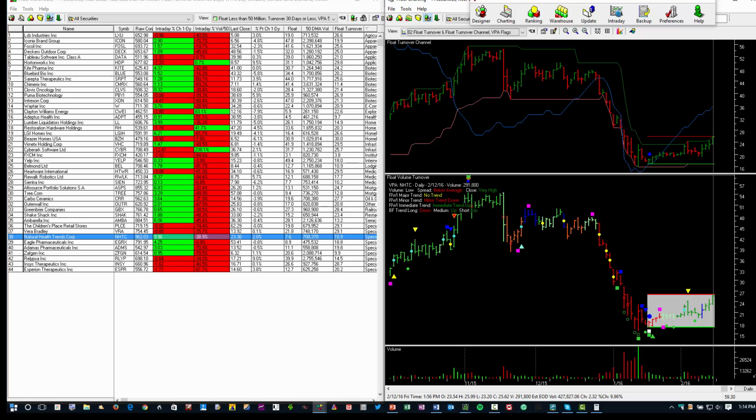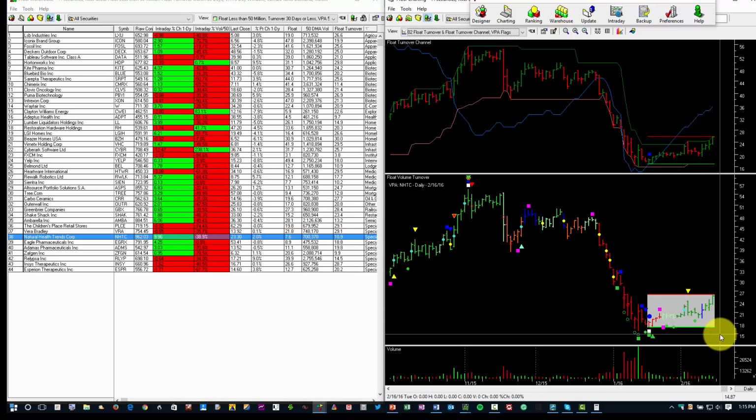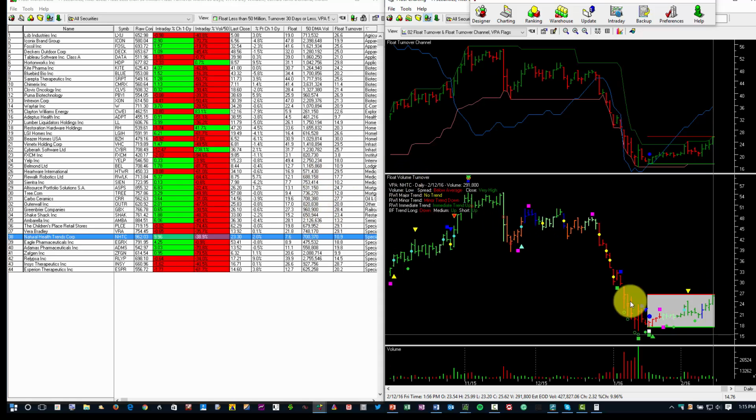I just want to talk about VPA today, and this is how you can use this in conjunction with VPA. This is just chart number 2, which you'll be getting. This is an updated version. Notice that I didn't put the warehouse information up here because of all of the other information that's available.